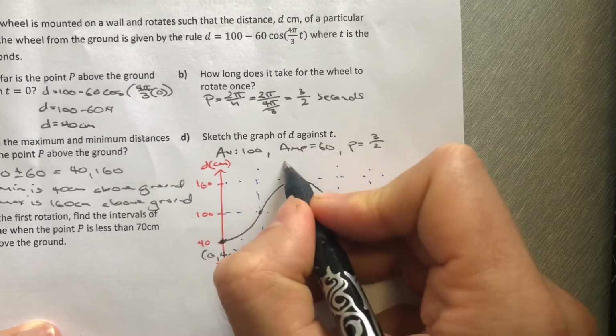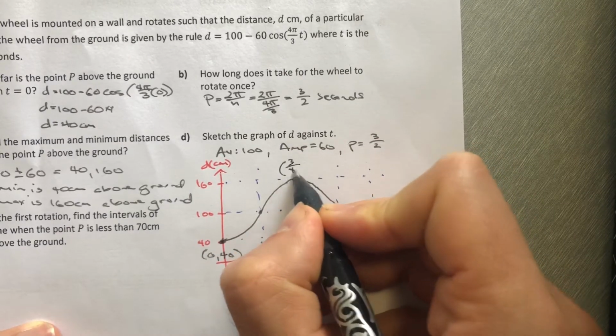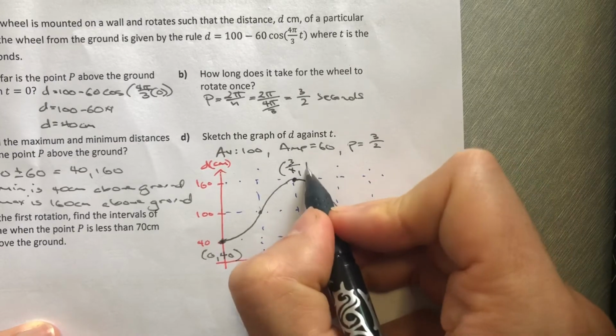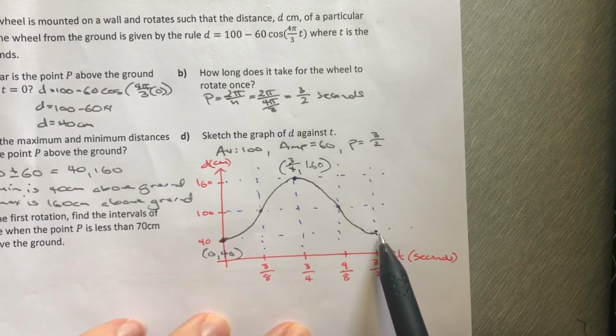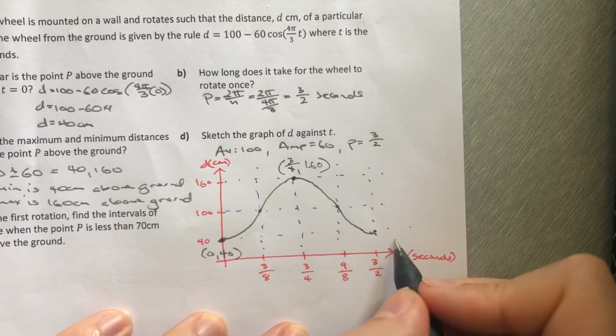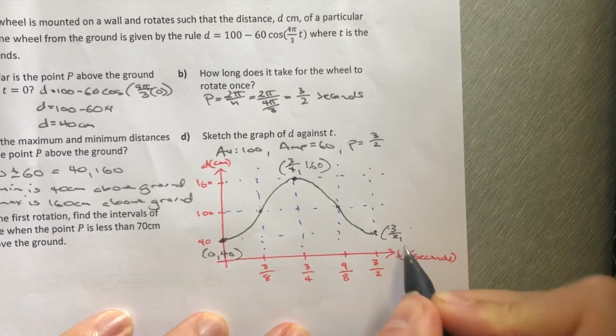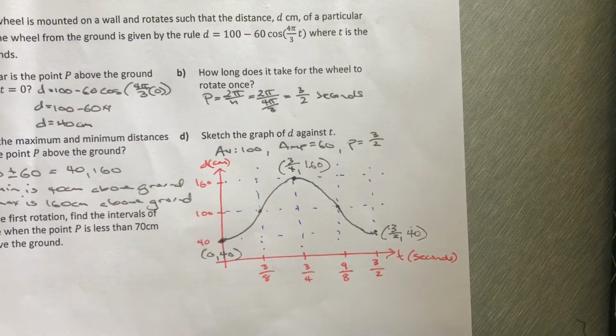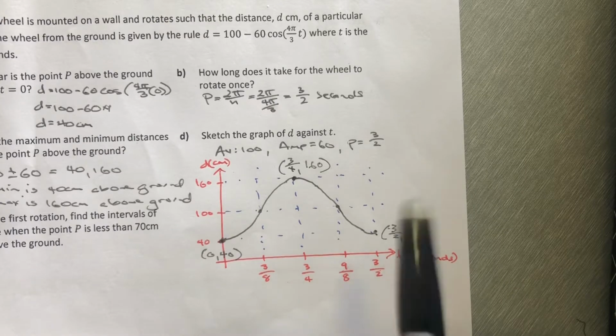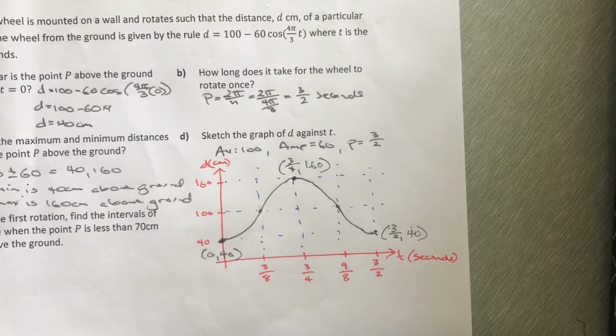So that's when x is 3 on 4, and your y, I'm choosing x and y because it's easier for me, and we've got another endpoint here. Your x is 3 on 2 and your y is 40. There we go. There's not really any other key points that we need to show at the moment.